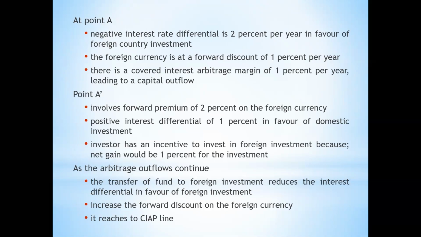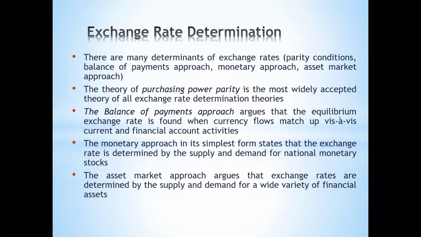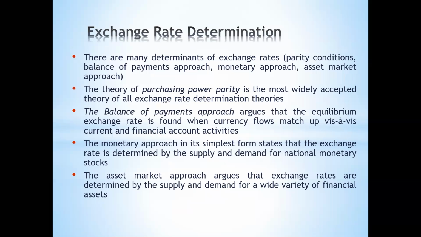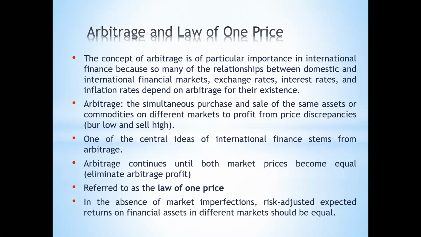Okay. Now allow me to go back to your session, and here we are discussing the law of one price in terms of exchange rate, interest rate and inflation rates.